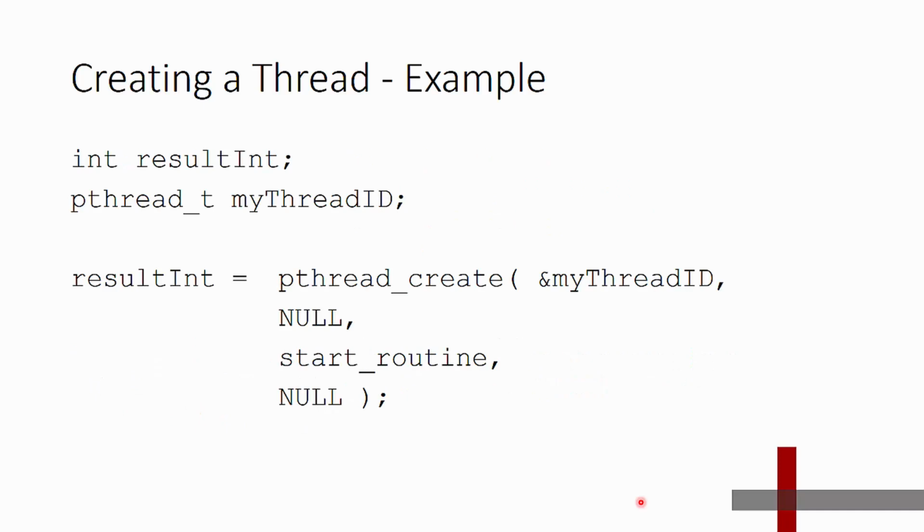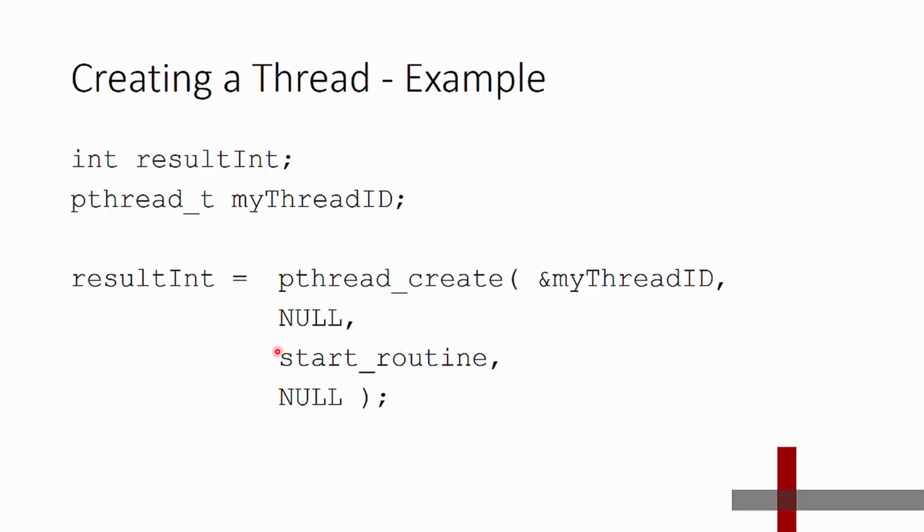Alright, so an example here. Here is a call of pthread_create, and note that I've defined an integer for the result of the pthread_create function, and then I have a variable that can store the identity or the ID of the thread. So we pass in a pointer to our ID variable, no options, no arguments, and we give it the name of the start routine that we're going to run.